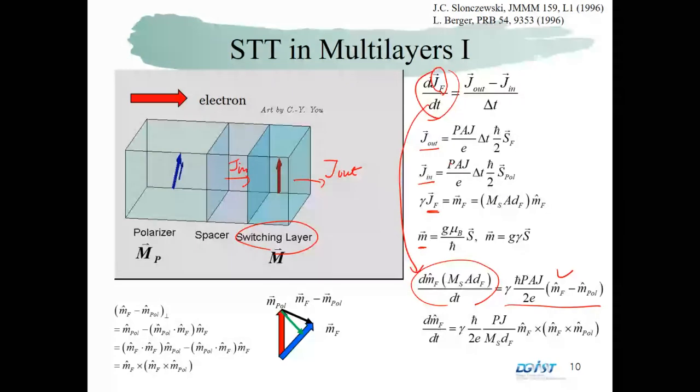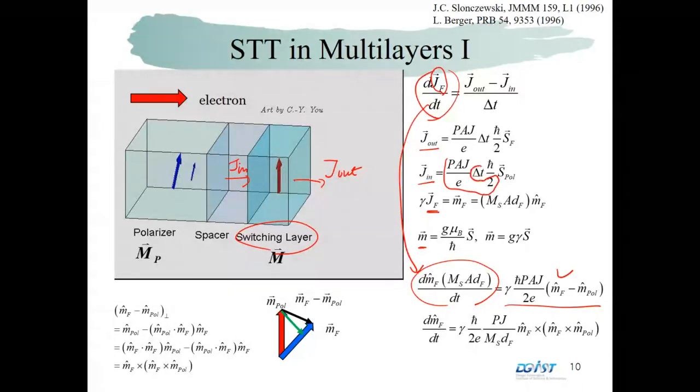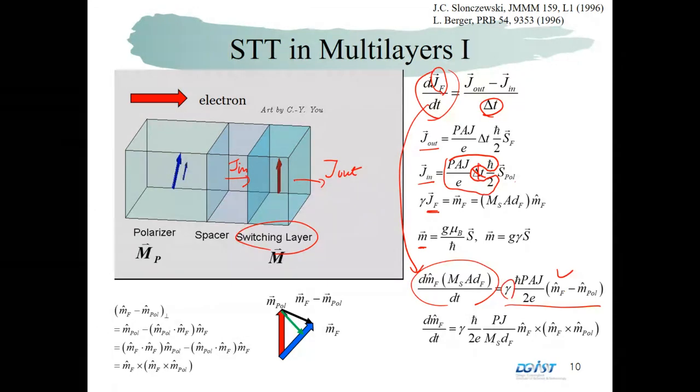So this part is common, and delta t is dropped by this term, so we don't need delta t. And the spin S is related to the magnetic moment by the gamma.